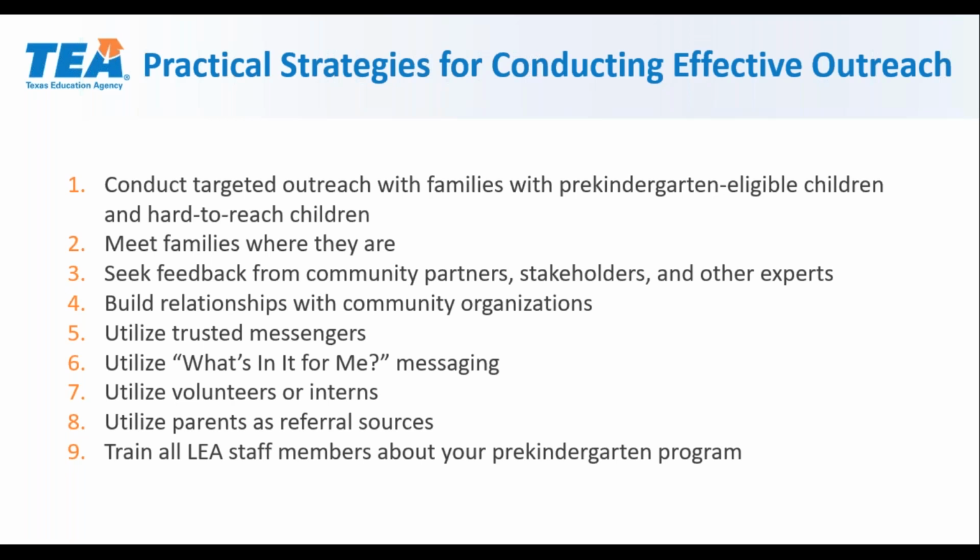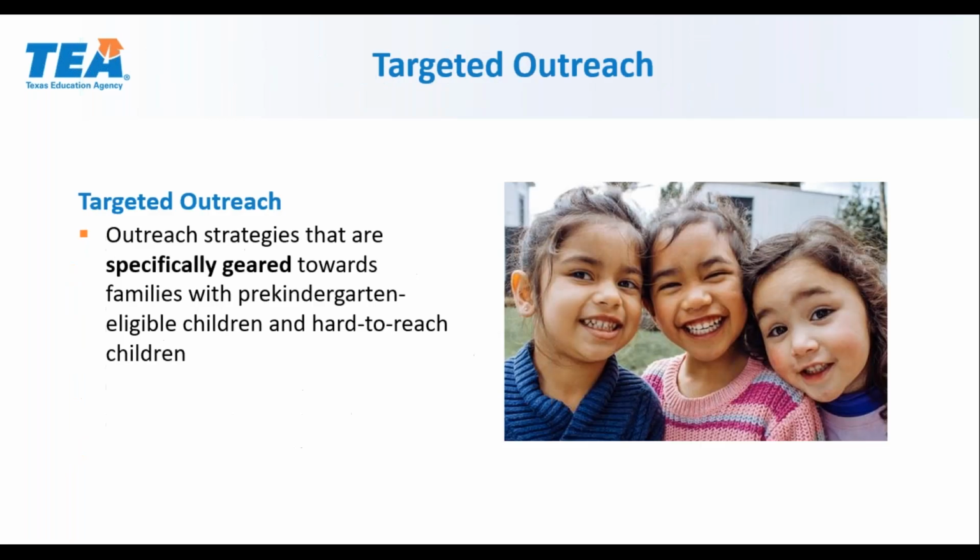Meet families where they are, get feedback from community partners or stakeholders, build relationships with community organizations, utilize trusted messengers, what's in it for me messaging, volunteers or interns, and also utilizing parents as referral sources. And then lastly, training all LEA staff members about your pre-kindergarten program. So we'll dive into each of these specifically.